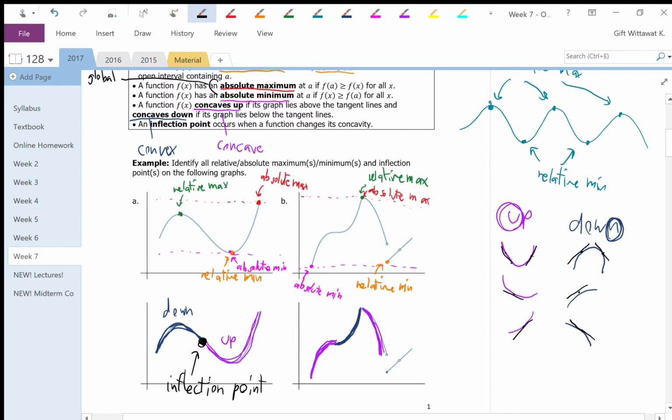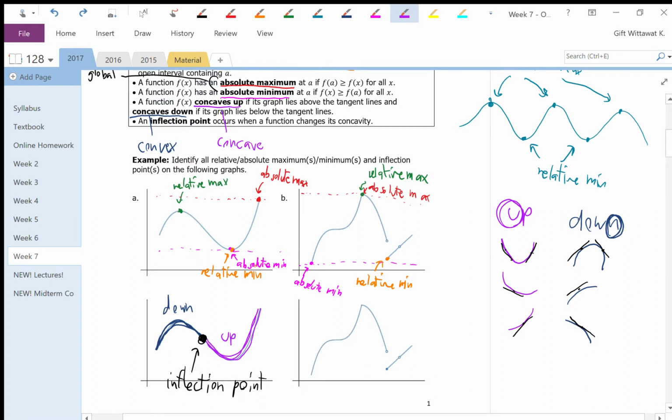Let me actually write this. This one and this one are concave down, and this one is concave up. And once again, when the graph changes concavity from concave down to concave up, that is called the inflection point.